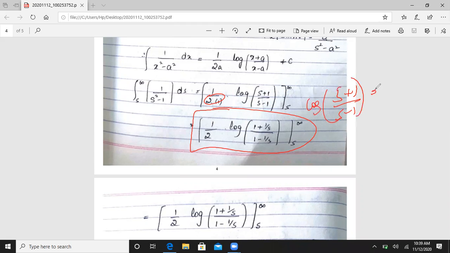We will write this function as log of 1 plus 1 by s divided by 1 minus 1 by s. When we cross multiply, you will get the same answer.